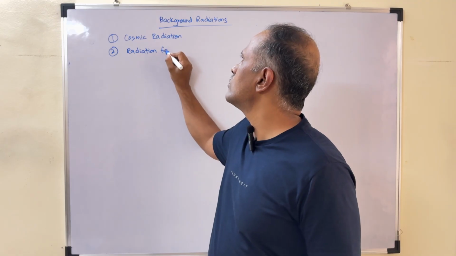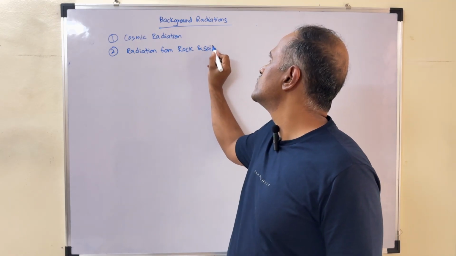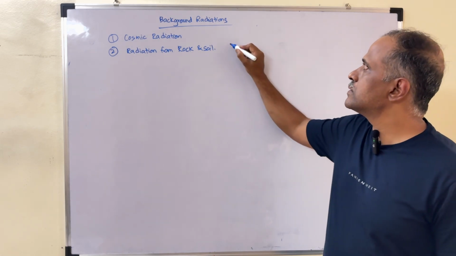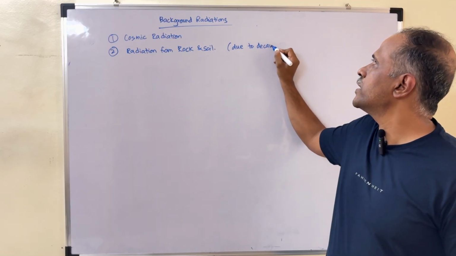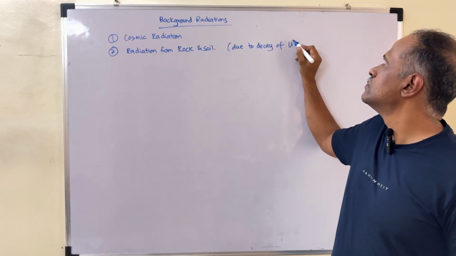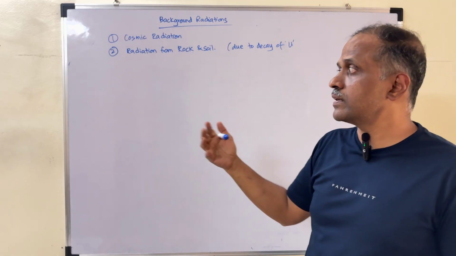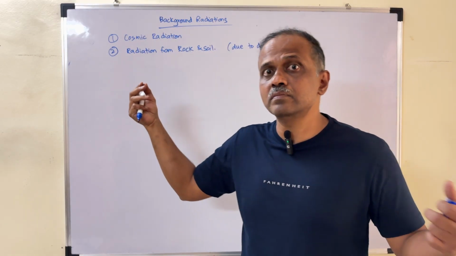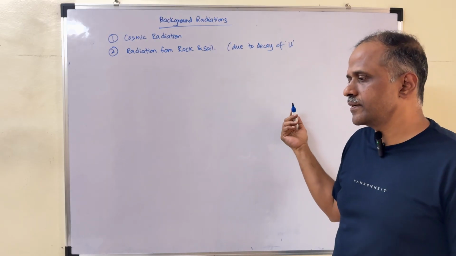These radiations come from rock and soil due to the decay of uranium. I don't know whether this soil could be in the walls also, so there would be very slight radiations coming from the walls inside the building.